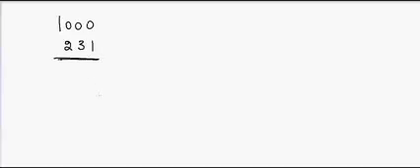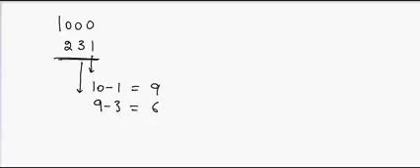First I'll take the first number and subtract it from 10. So 10 minus 2 is 8. Then I'll take the second number and subtract it from 9. That will be 6. And then I'll take the third number and also subtract it from 9, equal to 8. So my answer will be equal to 769.